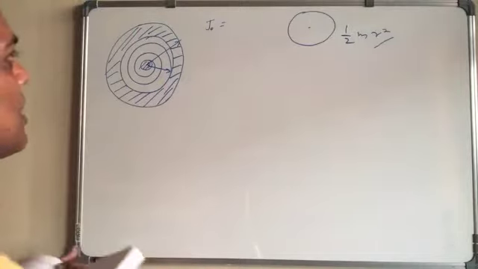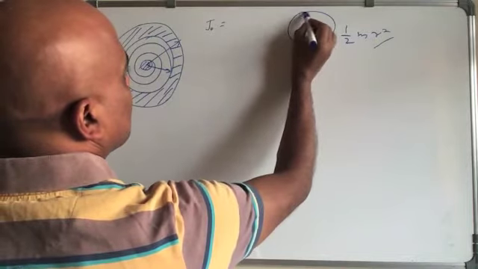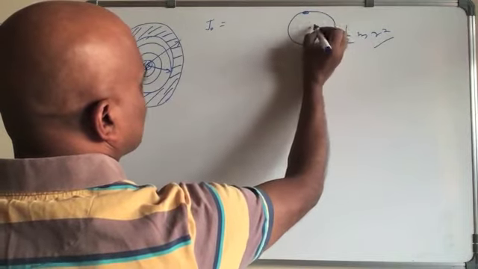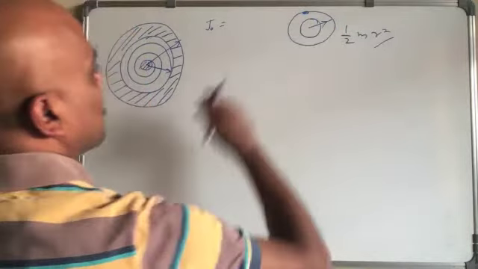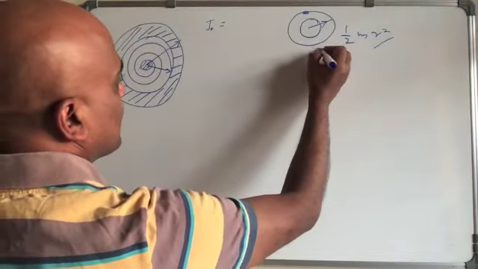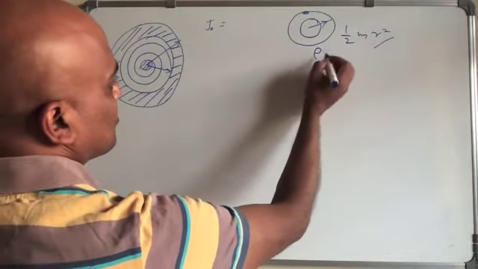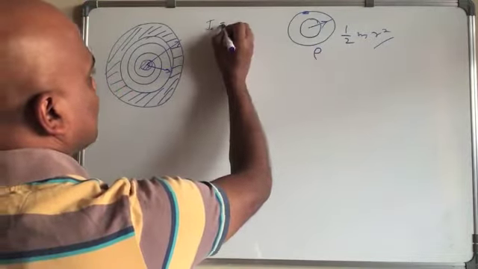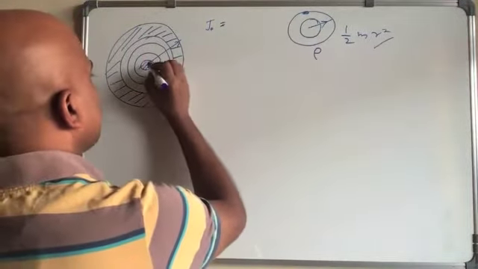If the total external is like this one, then you subtract the lower one from it. So let us say rho is the density. Then what do you get? From there also you can find it out. So this is given that it is cylindrical.